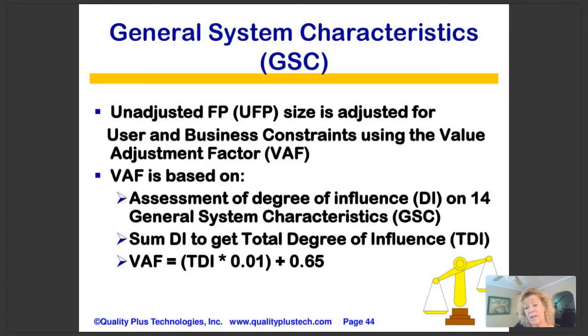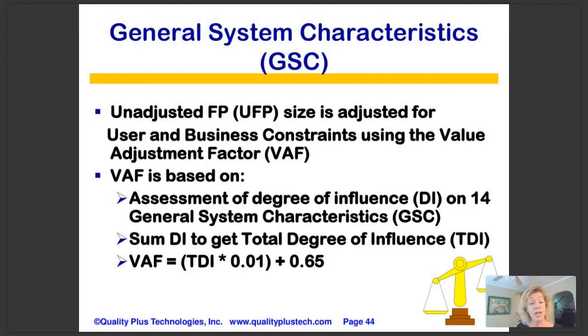So you need to know that the value adjustment factor can vary between a low of 0.65 up to a maximum of 1.35. Now the exam might try to trick you, might try to confuse you by saying something like the TDI ranges from 0.65 to 1.35. No, the TDI, the total summation, can range between 0 and 70.